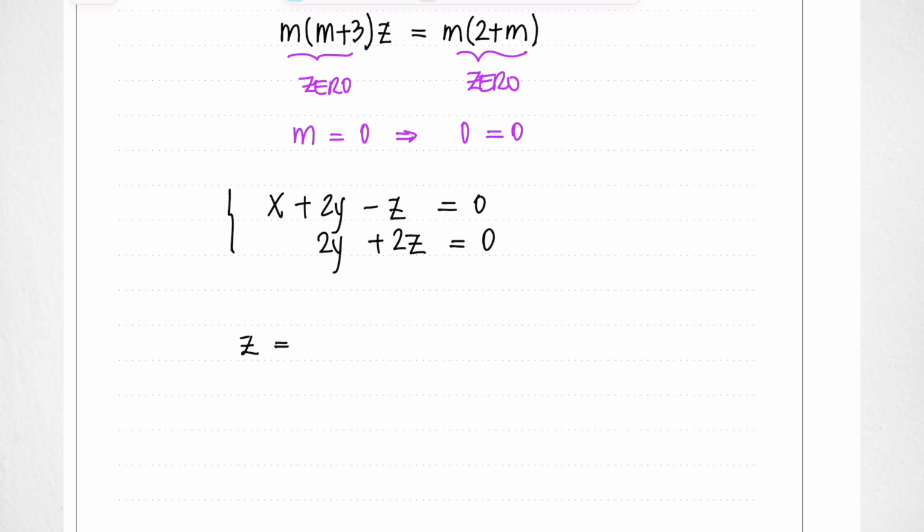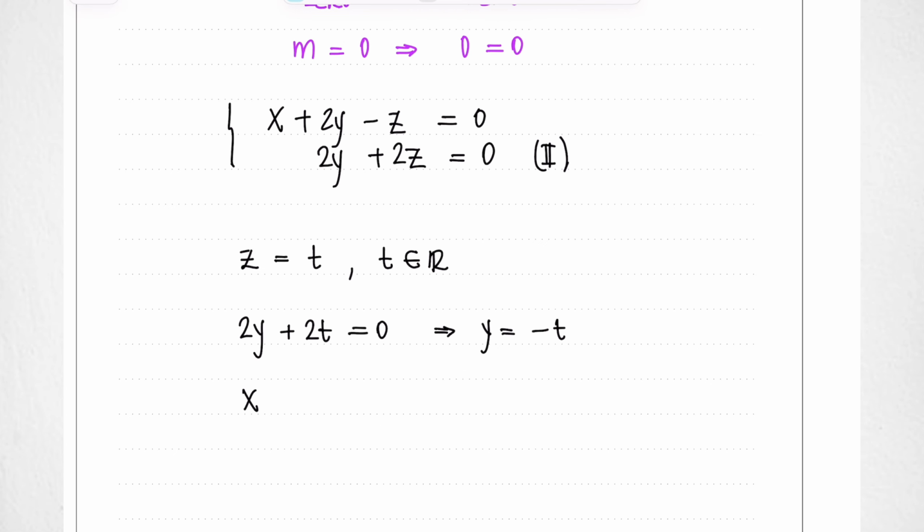Now, we are going to use the parameter t to represent z, where t is a real number, which means that 2y plus 2t is equal to 0. Taking this second equation right here, y is negative t. And we also know by working with this first equation that x plus 2 times y, which is negative t, minus z, which is t, is also equal to 0.